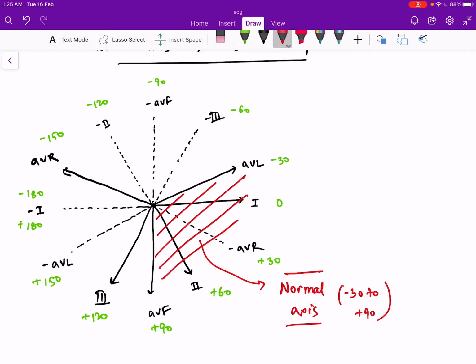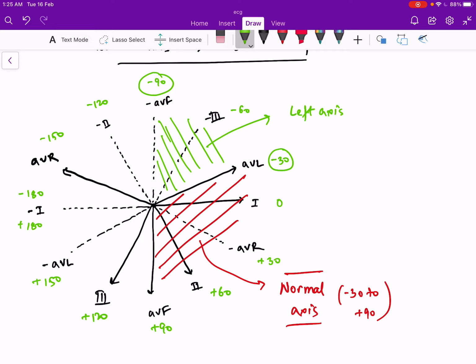If the axis lies somewhere in this direction, from minus 30 to minus 90, we call it left axis deviation.